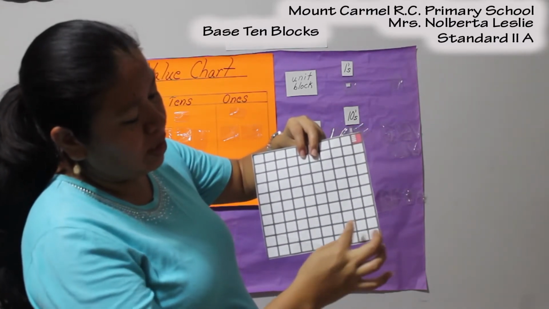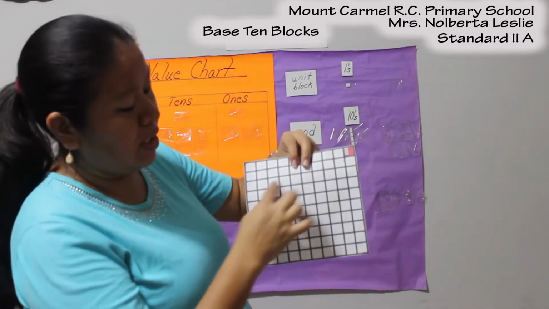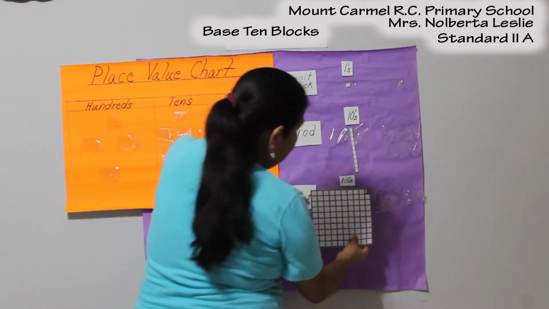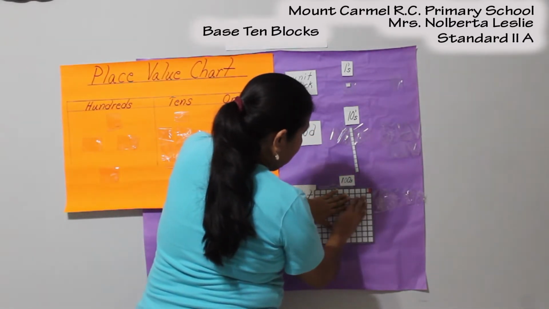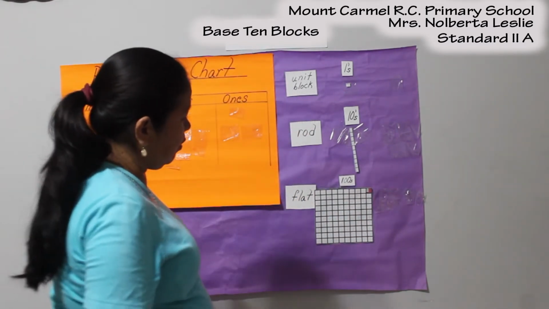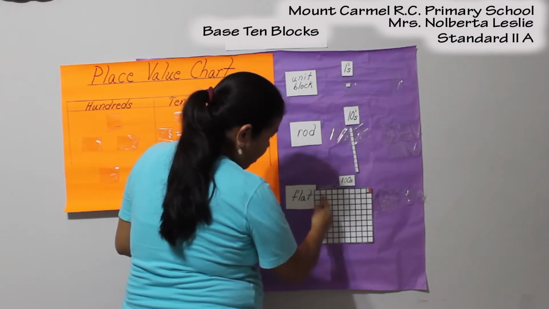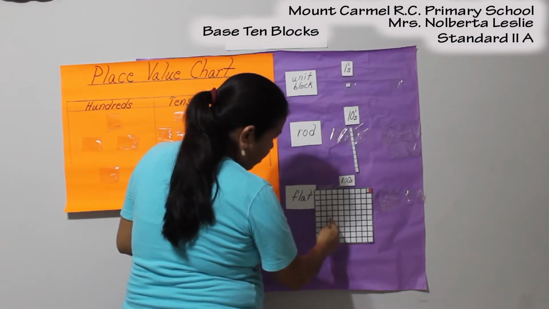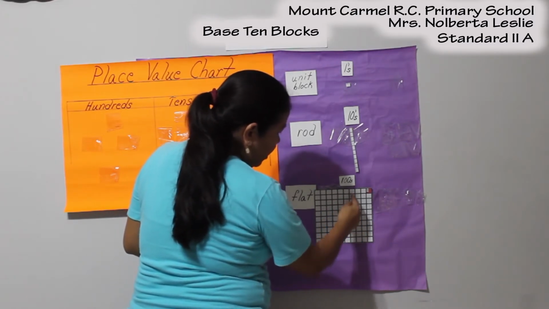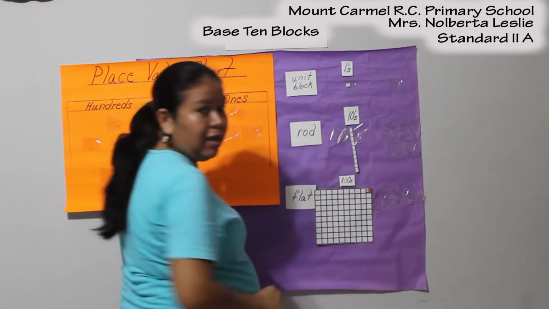Because if you notice, there are how many pieces here? 100 pieces. Okay? And if you put this here, you would also be able to break it into 10 pieces. Let's count. 1, 2, 3, 4, 5, 6, 7, 8, 9, and 10.